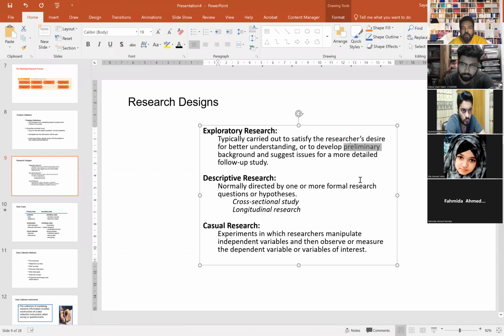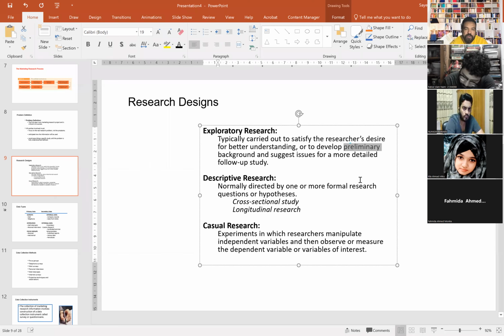So probably we will do an exploratory study, because exploratory studies are typically conducted at the very beginning, so that you understand what's happening, what the problem is.